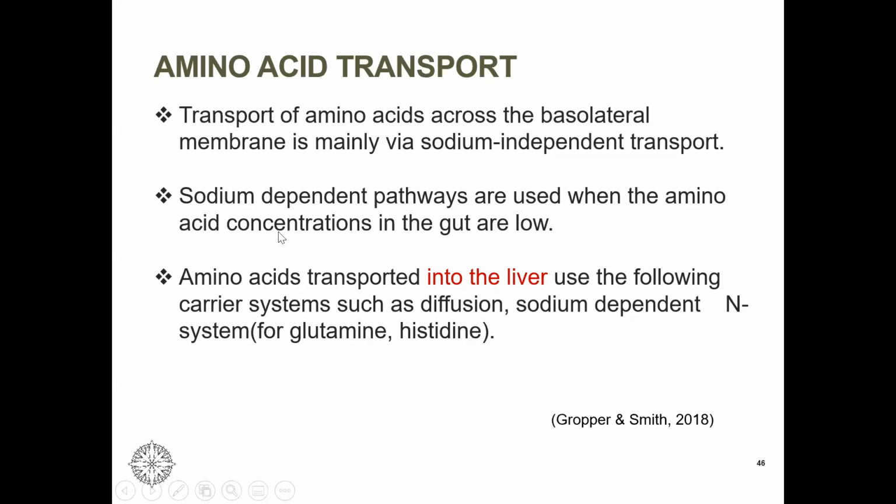Sodium dependent pathways can still be used if the body feels that it is lacking amino acids. If the concentration in that flow is low, the body is intuitive, and will translocate sodium ions to get more amino acids inside. And then they all go to the liver, where there are various mechanisms, because the liver is the main site of their metabolism. So it uses more than one system.